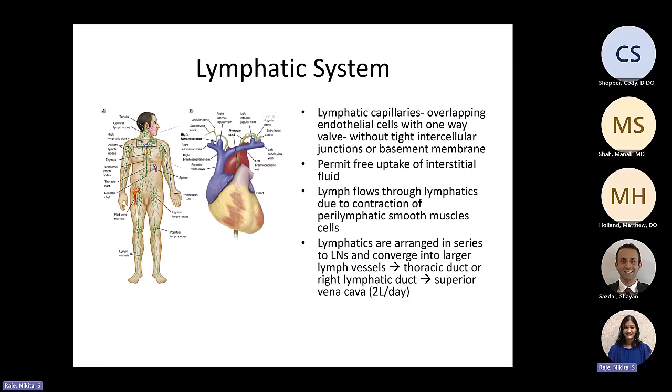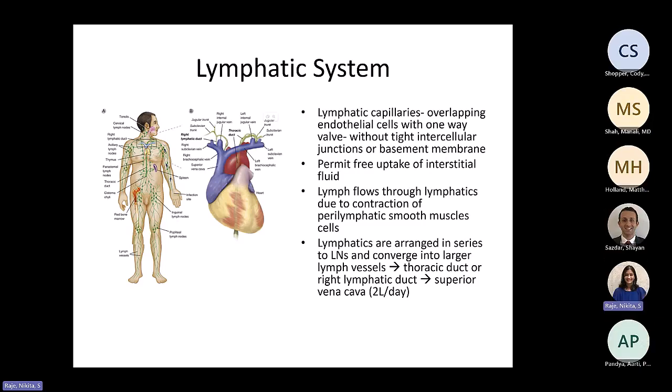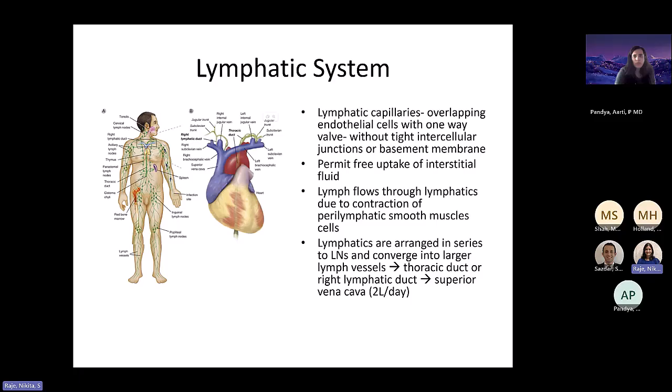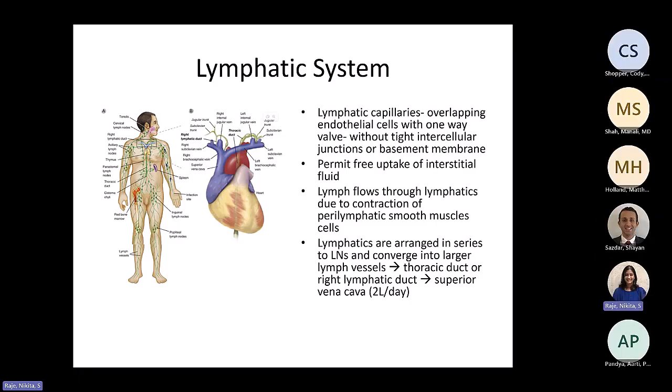That lymph flows through lymphatics due to the contraction of smooth muscles, and then these lymphatics will go from one lymph node or one secondary lymphoid tissue to another to converge into larger lymphatic vessels. They end up forming what is known as the thoracic duct or right lymphatic duct, and then they pour all that lymphatic fluid into the superior vena cava, about 2 liters a day.